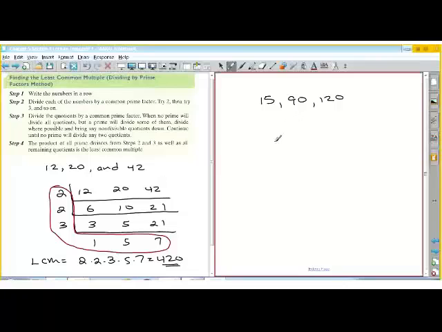So we want to find the least common multiple of those three numbers. Hopefully I picked these right. I just want to see if I can generate something that works.